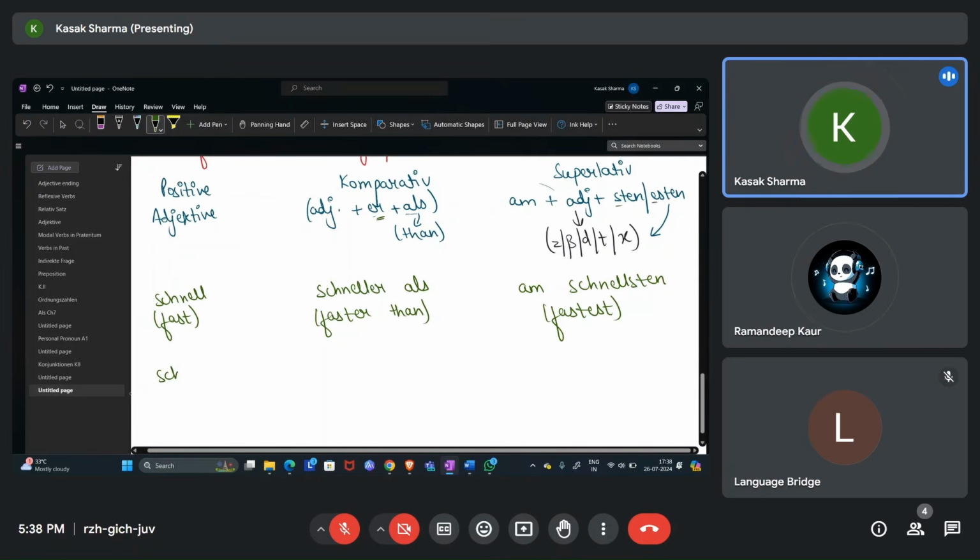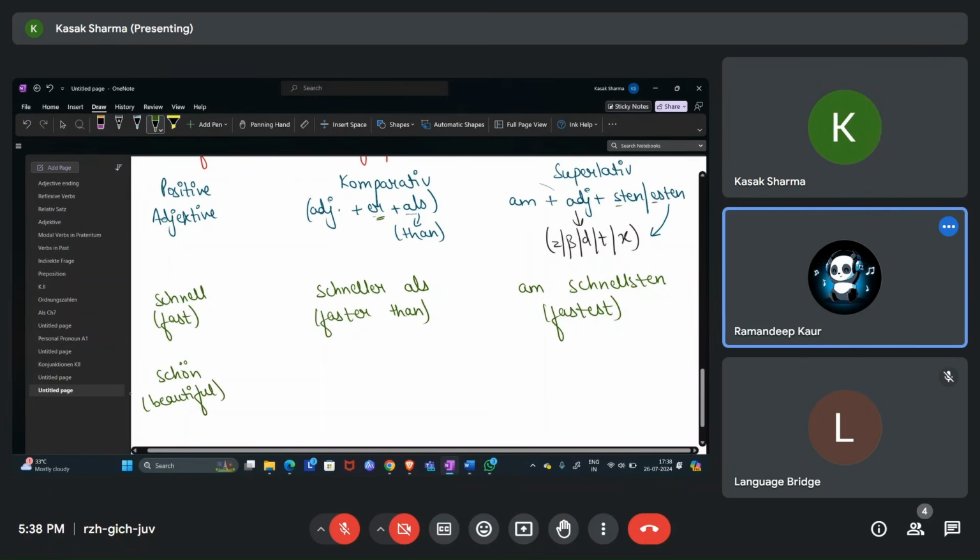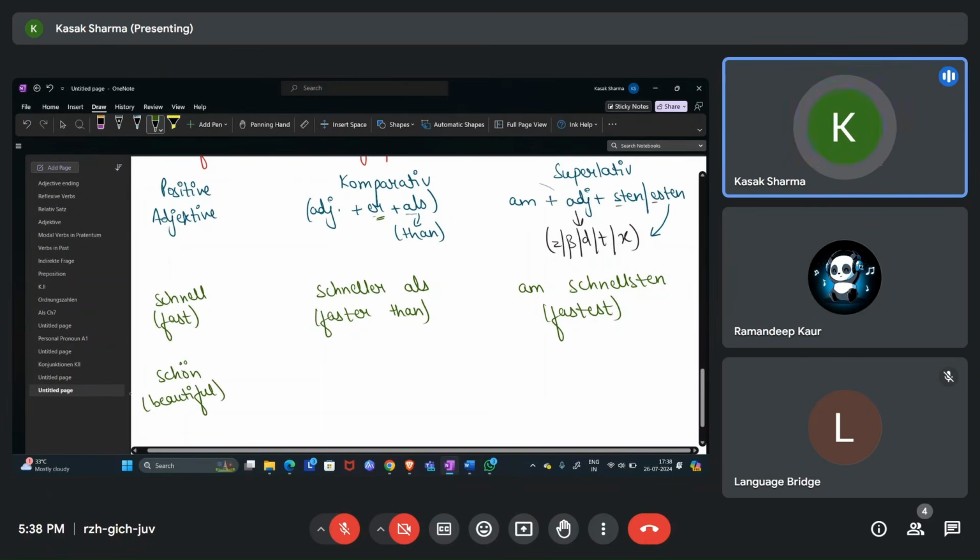Now the second one is schön. Schön means beautiful. Now try this one. What will it be?